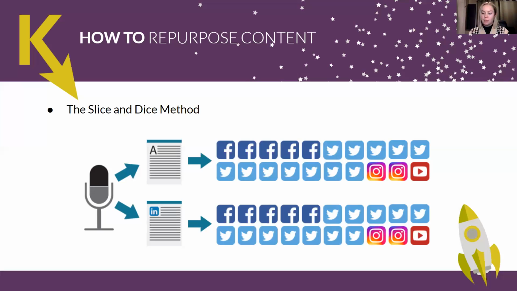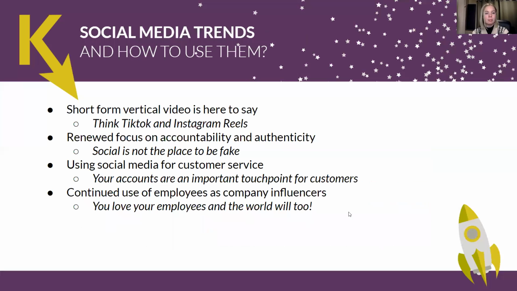And maybe your post on Facebook is entertainment. Hey, avoid these mistakes. And maybe your post on Instagram is more visual and you have a great infographic. So it is the same content, but it's presented in slightly different ways, and you can get a lot of mileage out of it that way. So we'll move on.